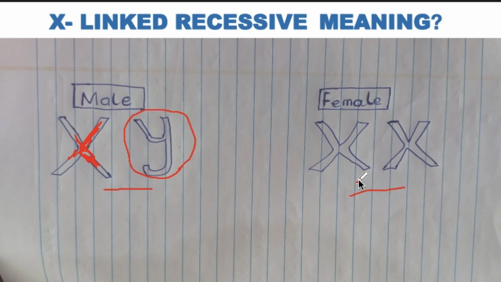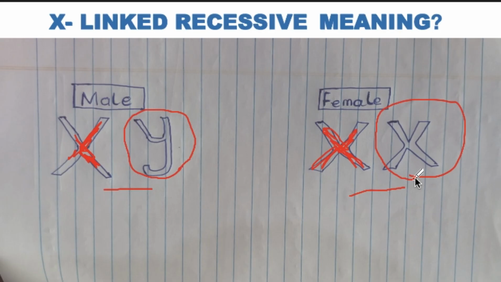But for females, they have the X and X chromosomes. Provided there is a mutation on the gene on one of the X chromosomes, fortunately for them, they have a remaining normal X chromosome, which can help combat or counteract the effects of G6PD deficiency.